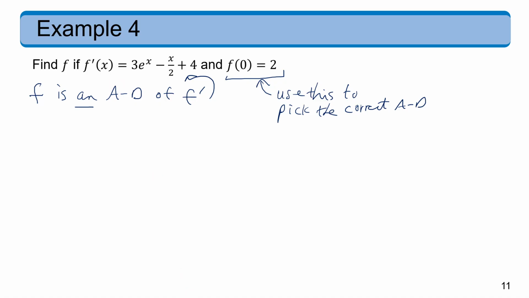Okay, so back to our problem. Let's start by finding the general antiderivative of the given formula. This is the same as the last example we were just doing, right? So we'll call it capital, actually we don't want to call it capital F. Now let me explain why.